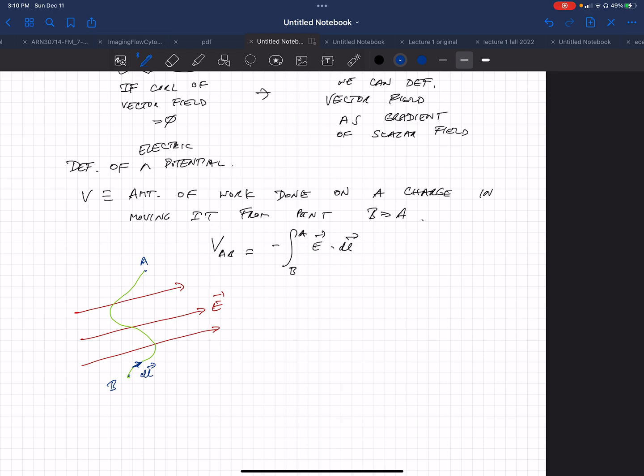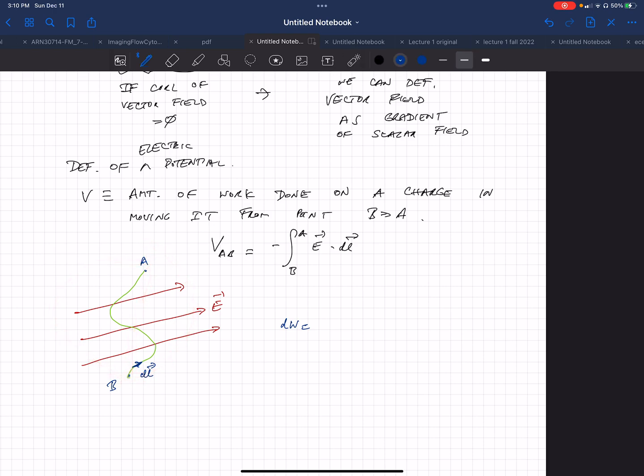So the work is defined as the tiny bit of work required to move across this small segment, and you sum all the works together across all the dl's to get from B to A, however way you get there.